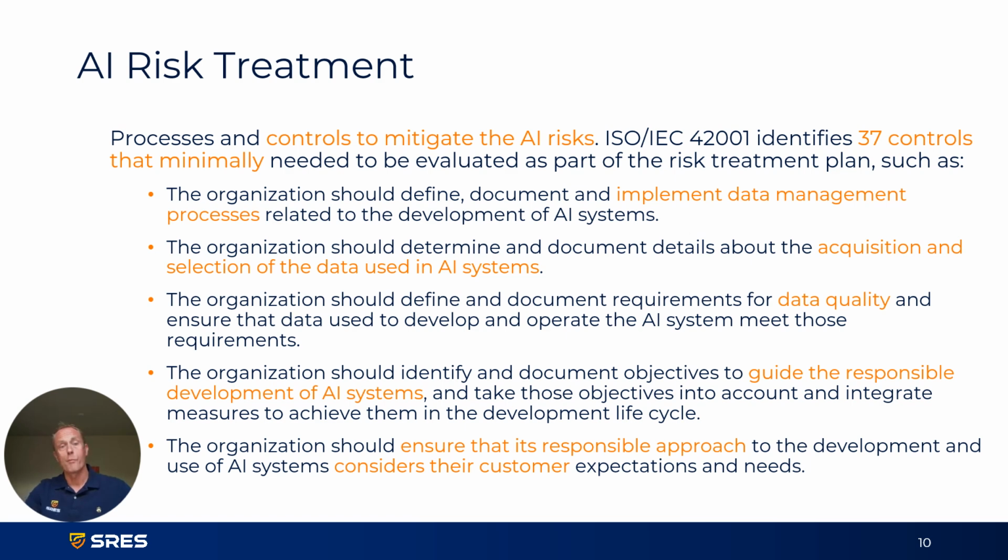And again, remember, we're pointing a lot of these attributes to our AI objectives. And then the organization should identify and document objectives to guide the responsible development of AI. And then lastly, shown here, we have to ensure that we have a responsible approach to develop this AI system, considering the end customer, the end user.